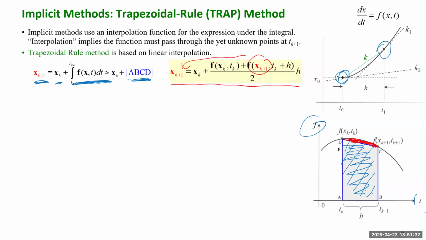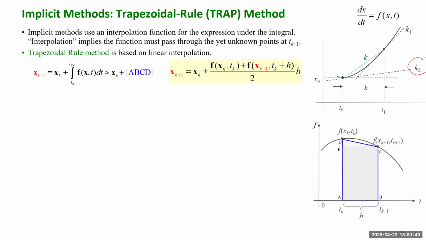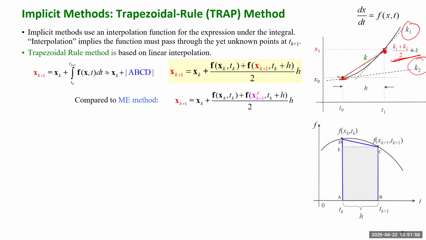So if you visualize that process on that figure, you have one line calculated at the starting point, and another slope at the ending point, and you calculate the average, which will give you a good estimate of the true slope. If you compare to the modified Euler method, instead of using the state value calculated from the forward Euler, you are going to use the true value.